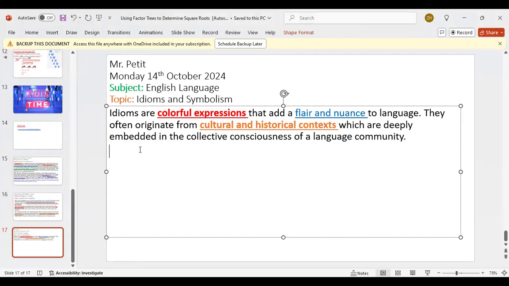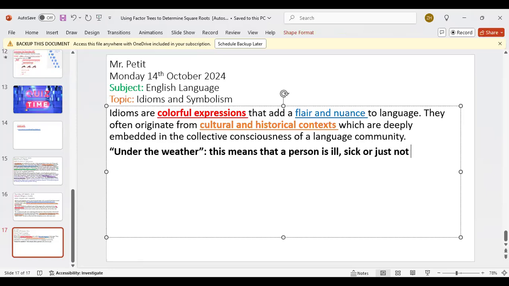A good one I could think of is definitely under the weather. What does under the weather mean? Not feeling well, feeling sick. So this means that a person is ill, sick, or just not feeling well.